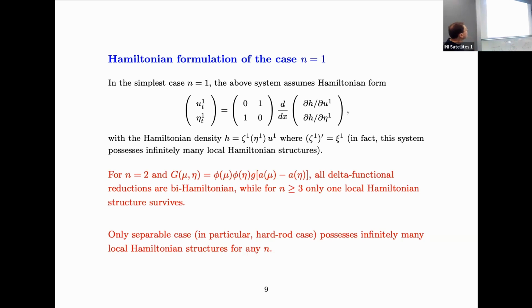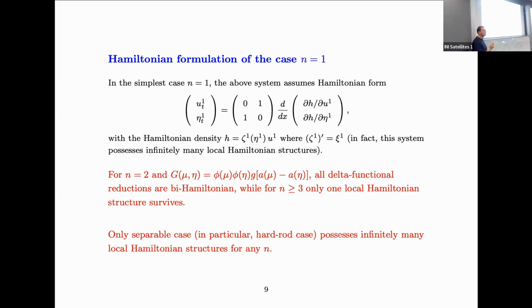All right, but there is one case which possesses infinitely many local Hamiltonian structures for any n, in particular the hard-rod case, in general the separable case, where this interaction kernel is a constant, -8, right? Then you have infinitely many local Hamiltonian structures.